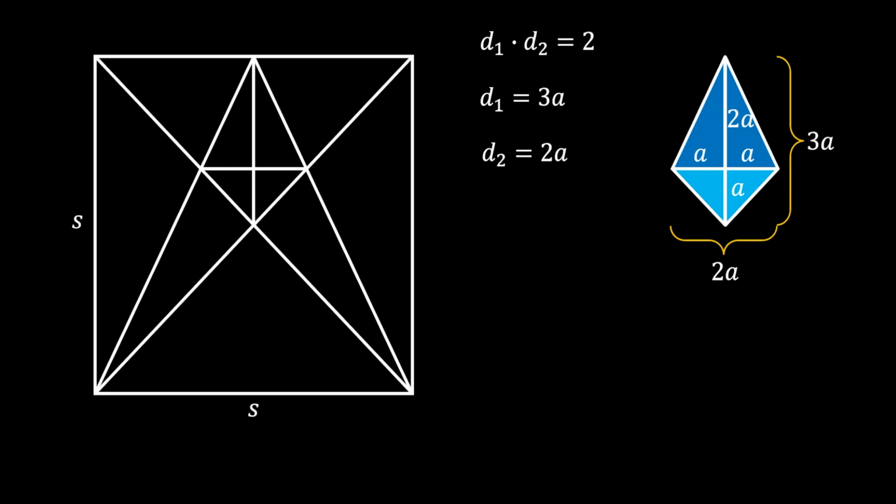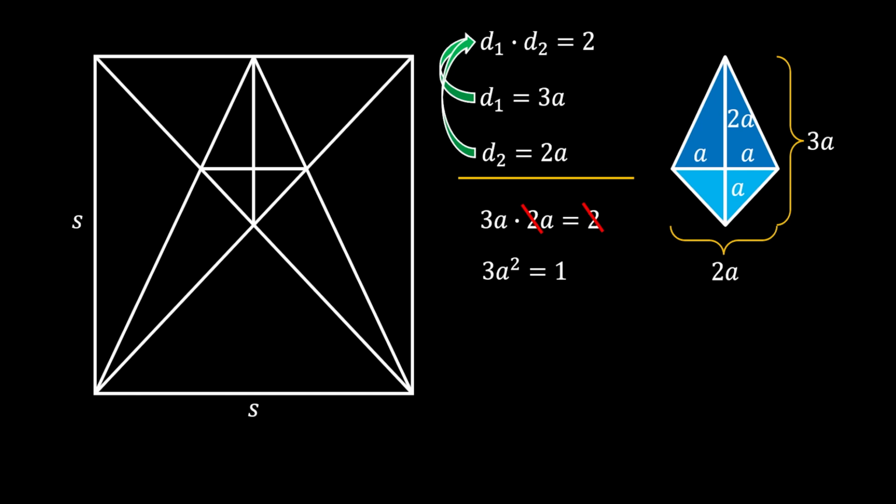Now we can use those values and implement them in our previous formula, and from this we will get that 3a times 2a must be equal to 2. Now we can simplify 2 on both sides of the equation, and we will get that 3a squared is equal to 1, which means that a squared must be equal to 1 over 3.